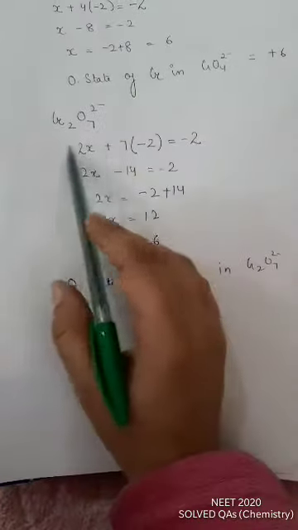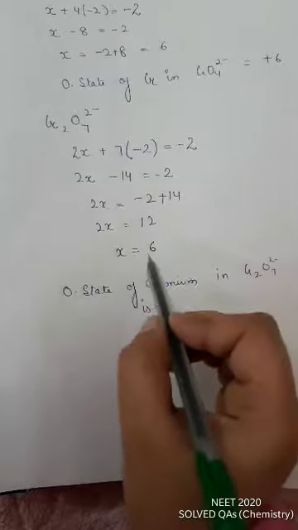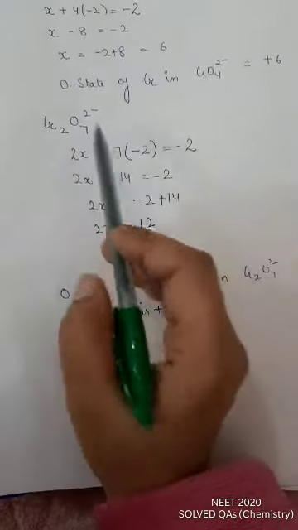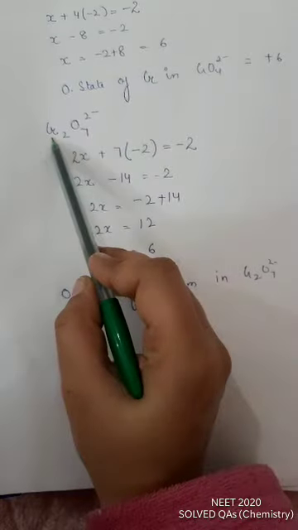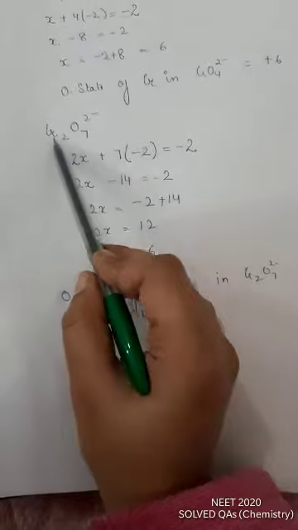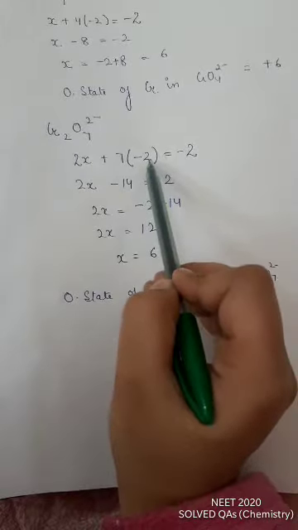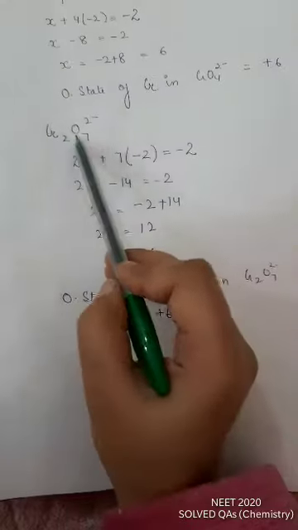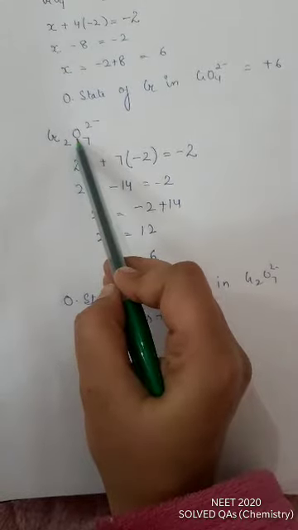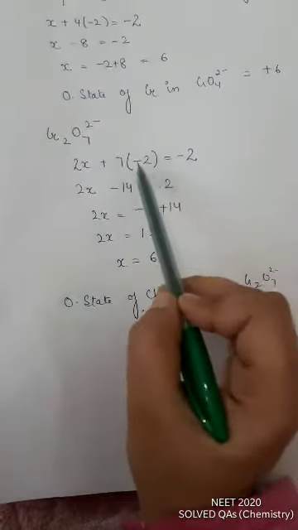Similarly, in the case of Cr2O7 2-, the oxidation state of chromium comes out to be 6. How? 2x plus 7 into -2 is equal to -2. Why 2x? Because we took the oxidation number of chromium as X, and there are 2 chromium atoms. Why -2? Because oxygen has an oxidation number of -2 and there are 7 oxygen atoms, so 7 into -2.